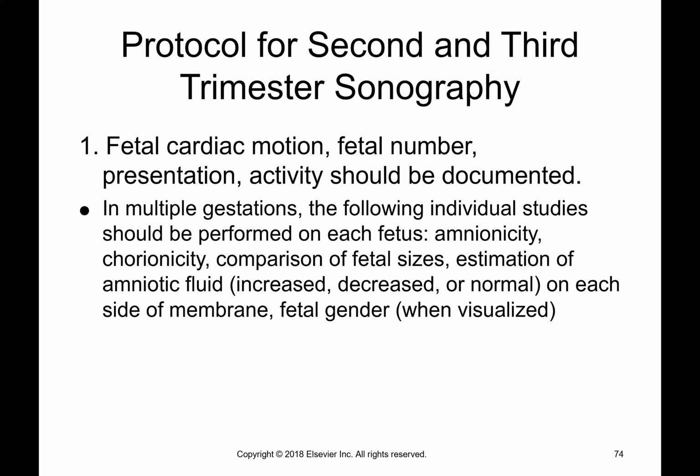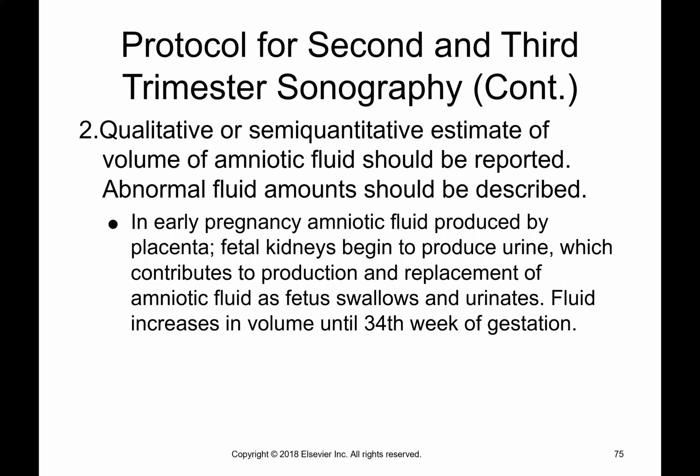So the protocol for the second and third trimester scan, just as a sample, is that the first thing we want to do is make sure the baby has a good heartbeat. You want to look at the fluid.